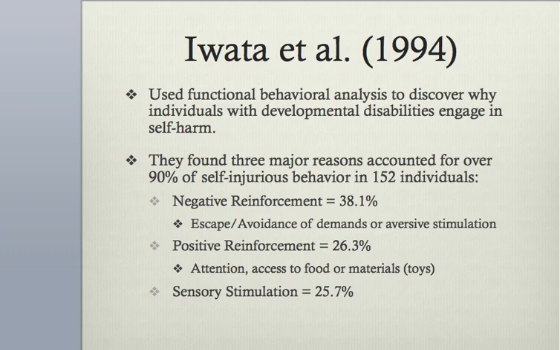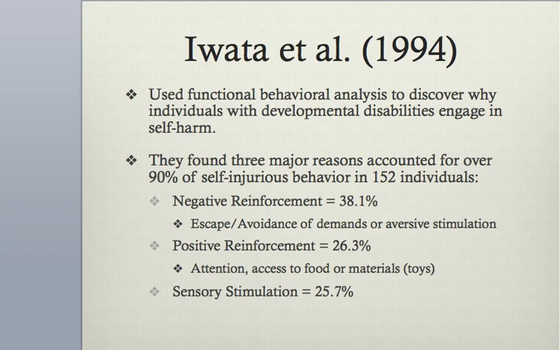And they found three major reasons that accounted for over 90% of self-injury for 152 individuals. For 152 people who were engaging in this behavior, they were able to reduce the reason for the behavior to three possible reasons for nearly 90% of these people.